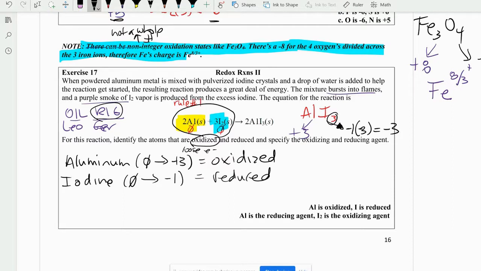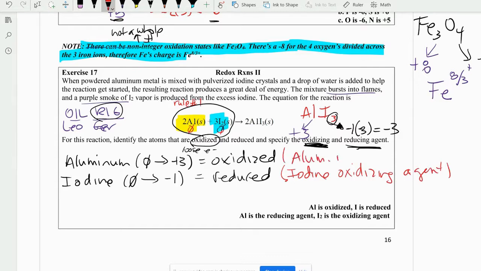Now they're asking 2 questions: which is the oxidizing agent and which is the reducing agent? Well, remember, an oxidizing agent is the species that is reduced, thus causing the oxidation. So what this means is iodine is the oxidizing agent. And then conversely, aluminum is the reducing agent. In other words, it is the species that is causing the reduction.